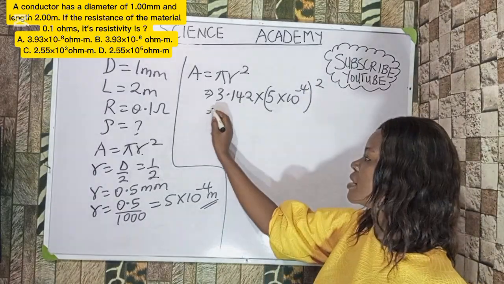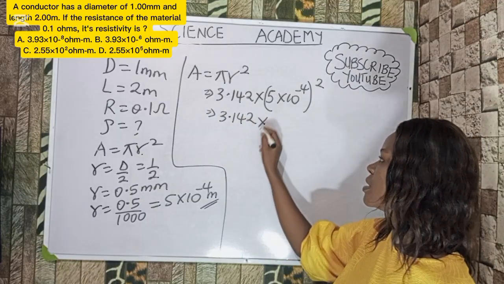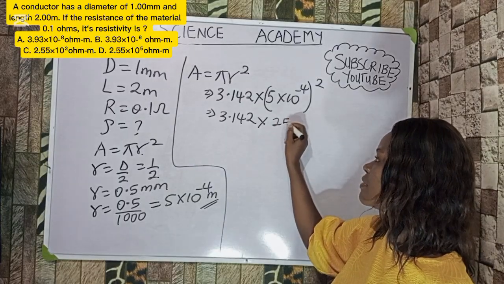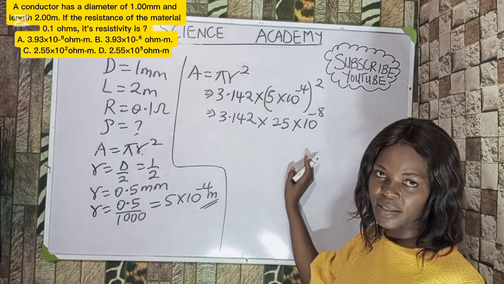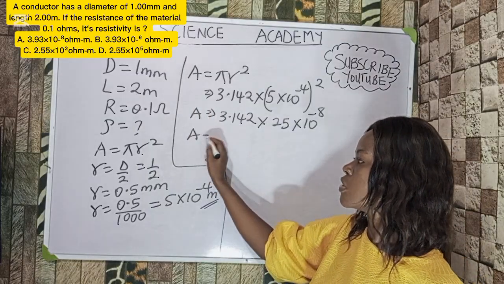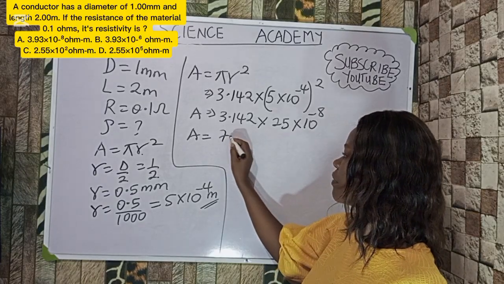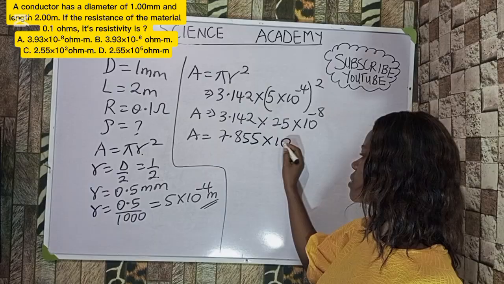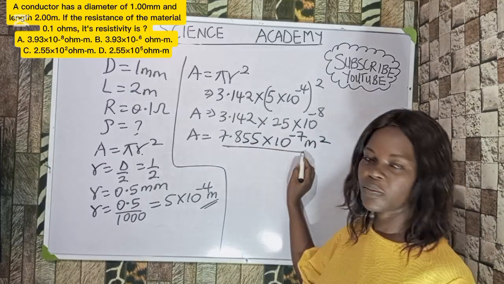Now work it out: this is 3.142 times, by the time I square this, I'm going to have 25 times 10 to the power of minus 8. Okay, so this is my area. So let me work it out to see what I have. It's going to give me 7.855 times 10 to the power of minus 7 meter squared. This is just my area.